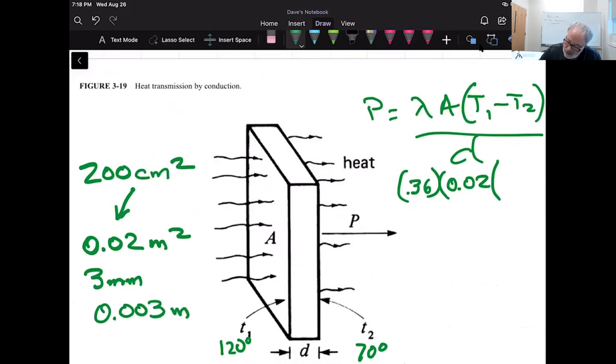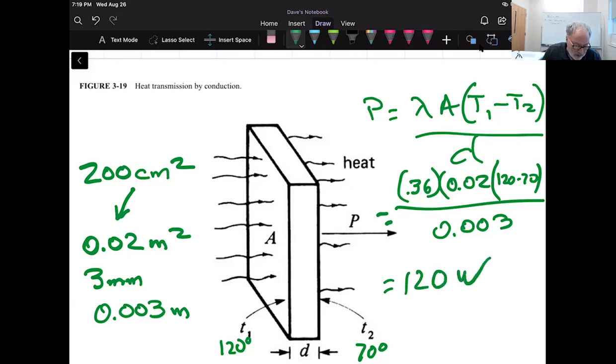This is 120 minus 70, and then that's all divided by the distance, the thickness in meters, 0.03, and the thermal power that we calculate from this is 120 watts.